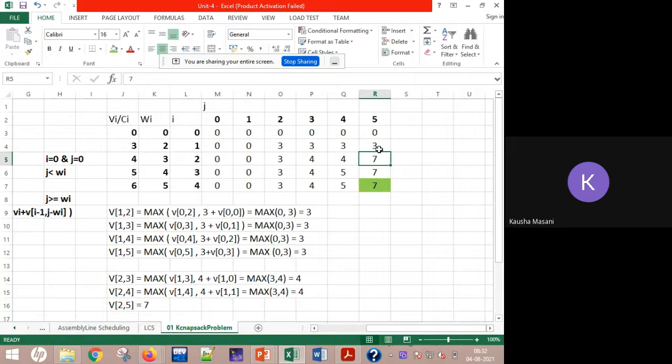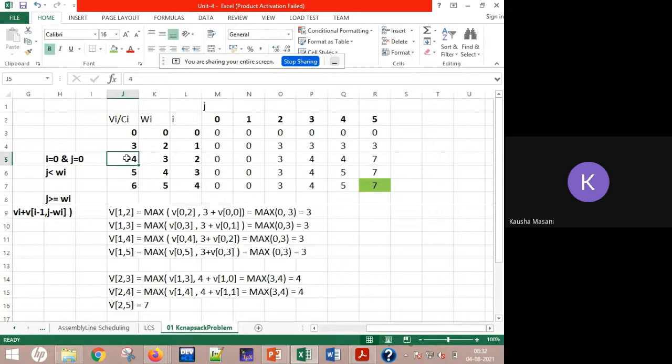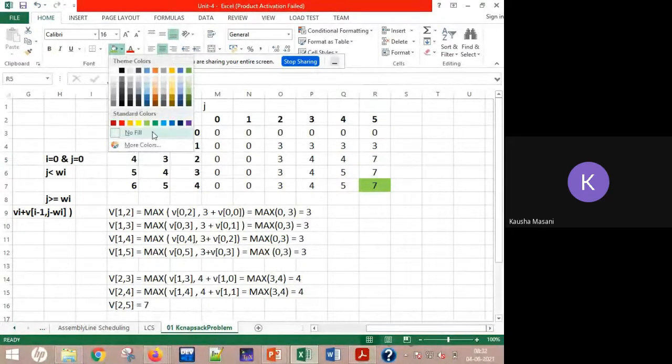Above this cell the weight changes. That is 3. Or you can say the cost value changes. So what you do, you find out the difference here. Subtract. What is the value here for this item? 4. What is the cost value we get here? 7.